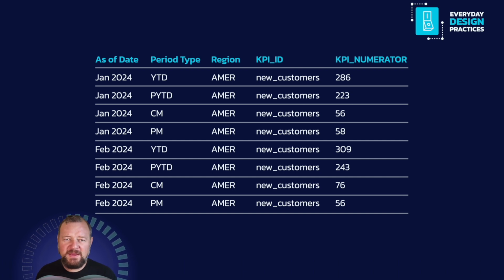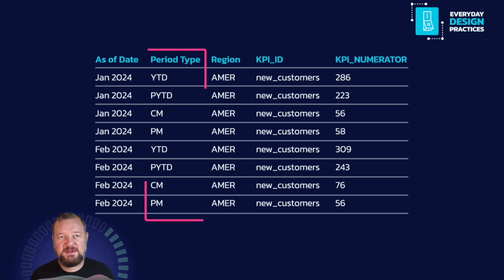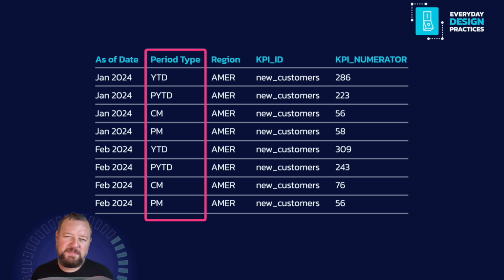And even if you don't need the pre-aggregations, there are some things that we can do with date ranges that make it a little bit simpler to perform calculations and visualizations in your BI tool like Tableau. So here I've got this column that I've added called period type. And a lot of people watching are probably familiar with some of these acronyms, but I'll just define them in case people haven't come across what these terms mean.